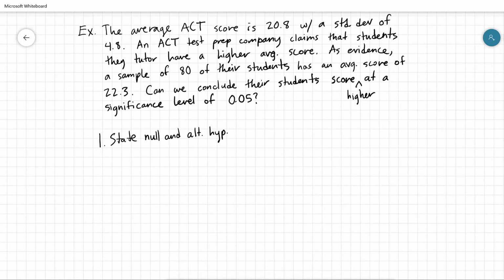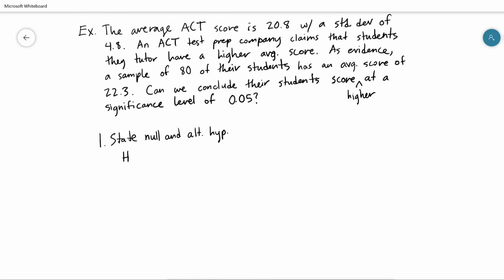Okay, so the null hypothesis is that the answer to that question is no. Their students score the same as everybody else. And the alternate hypothesis will be the one that is supported by the evidence, which suggests it looks like they really do score higher. So in this case, mu equals 20.8 will be our null hypothesis. This says that we think mu, the average score of their students, is exactly the same as the average score of every other student, even ones that don't take the test prep company's preparations.